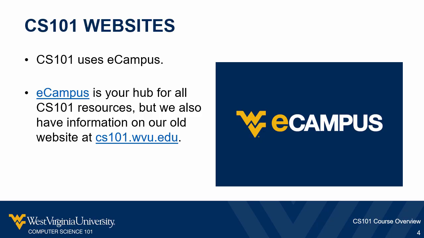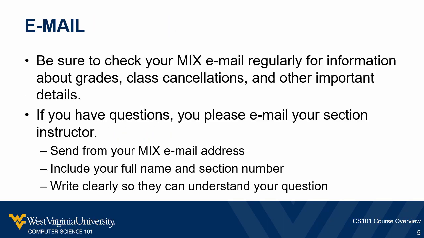But you should look at eCampus as your hub for everything that you're going to need for CS 101 this semester. If there's information that you need to know, that will generally go as an announcement on eCampus, but it's also important that you do check your Mix email. You'll get copies of announcements there, but also sometimes there might be some communications from your instructor that aren't going to be posted as announcements in eCampus.